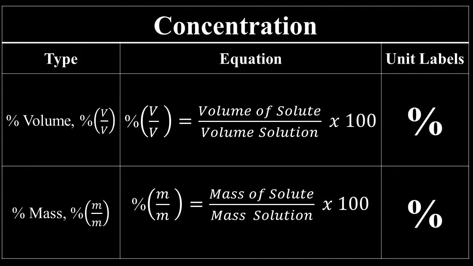Notice its volume of solution is in the denominator and mass of solution in the denominator, which is a very important distinction, as opposed to mass of solvent or volume of solvent in the denominator. So those are two examples of how concentration can be calculated, and a must-know for any problem in the back of the book.